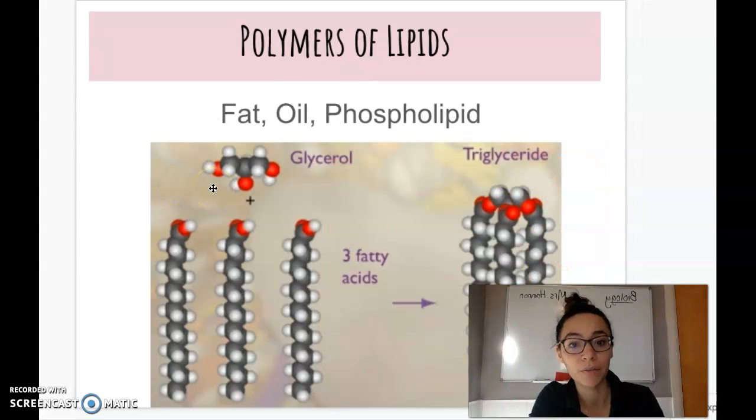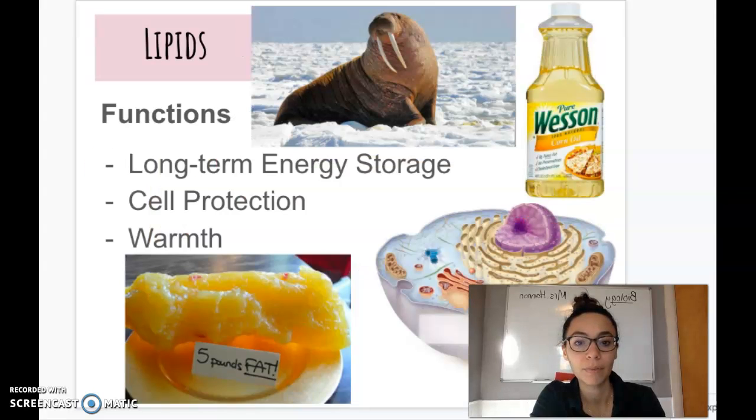The polymers of lipids don't have any specific names, but we can call them fat or oil. Phospholipid is another example of a fat. And fats are really important for our cells. I know some people think eating fat is bad for you, but eating fat isn't bad.